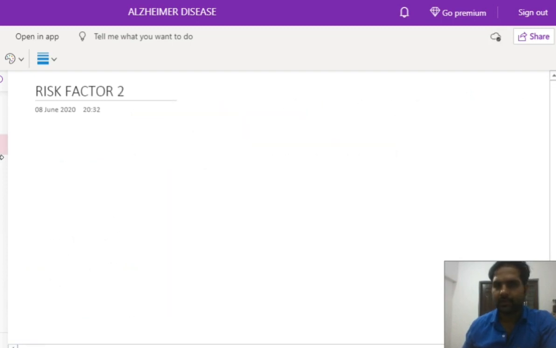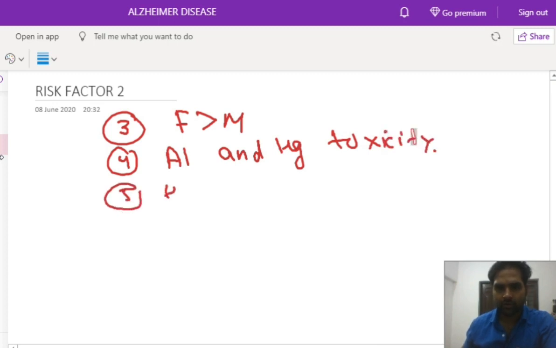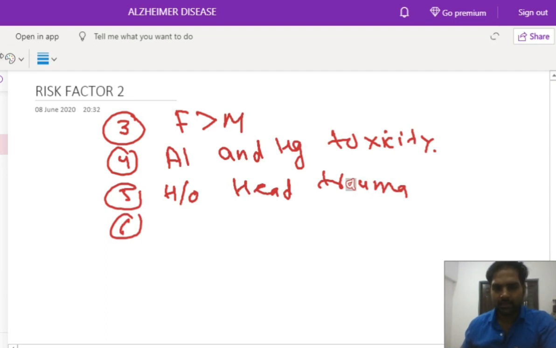Now let's move to the other risk factors. The other risk factors include female gender, aluminum and mercury toxicity, history of head trauma, and there is one more term called type 3 diabetes mellitus.